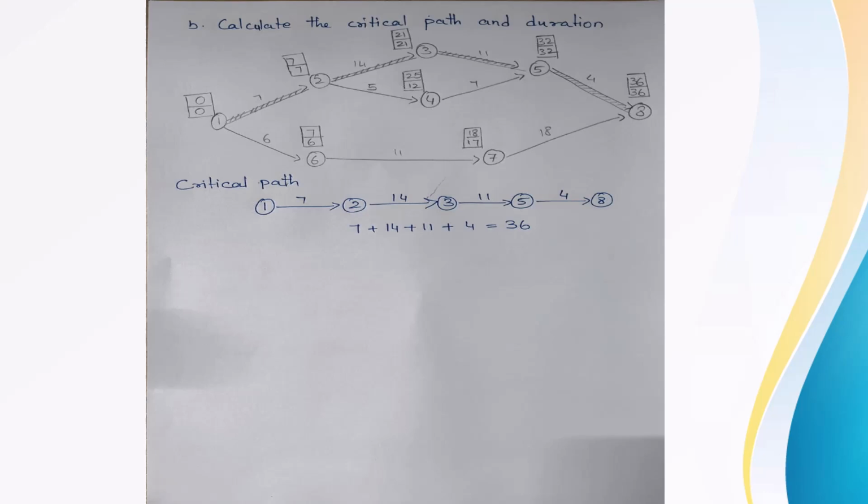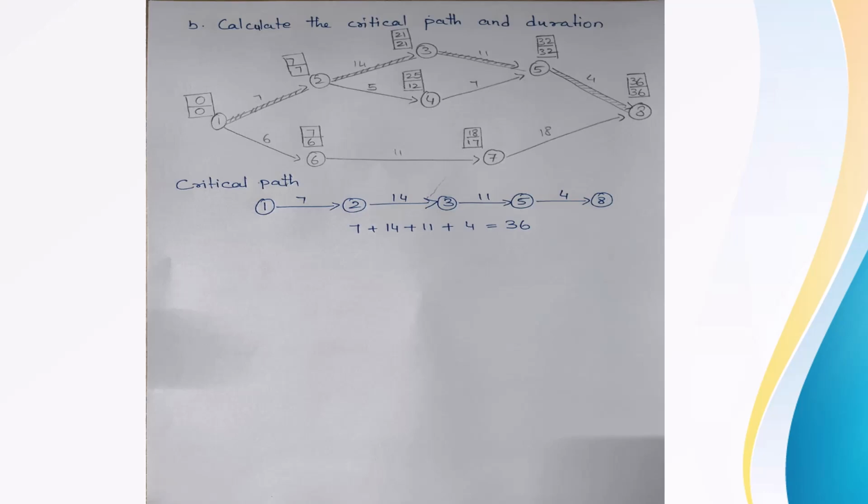Whereas LFT is the opposite of EST, we have to move backward. We have to subtract the duration from the activity's LFT to get the LFT of the previous activity. Okay. Whenever there is a tie, we have to get the minimum value. So like this, if you do, you will get the EST and LFT value for all the activities.